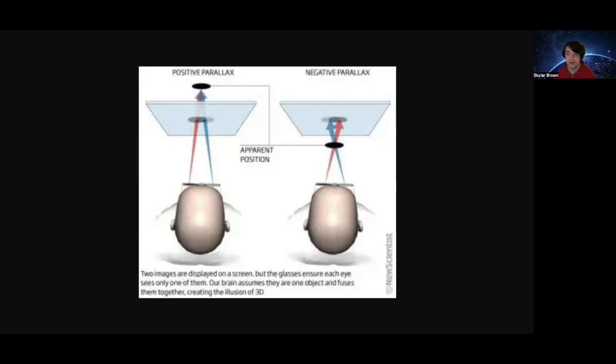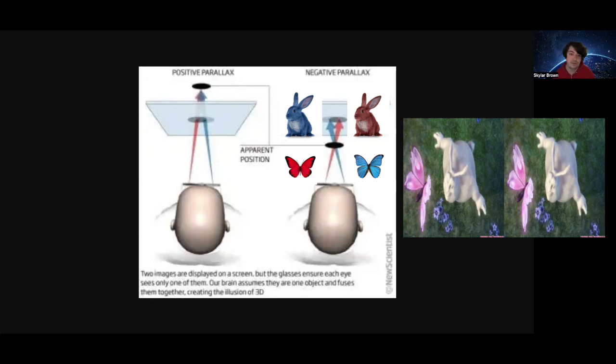And in a lot of 3D movies, what we look for is the negative parallax, where the content's popping out in front of us. And that simply can be summed up in the fact that when you look at your nose, you don't see one nose, you see two noses because your nose is very close to your eyes.